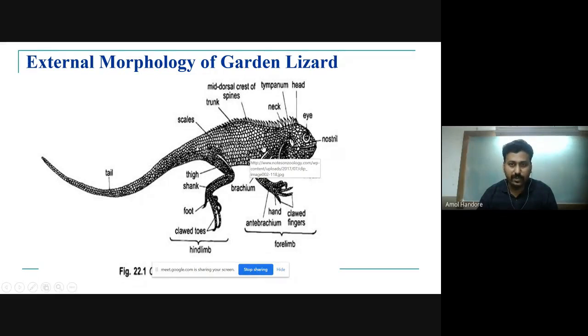So these overlapping type of scales are present. They have 2 pairs of limbs. This is the forelimb and this is the hind limb. Further, we are going to study them in detail. So from this picture, at least you should understand the basic parts, that is head, short neck, then a trunk, and then a long tail, and 2 pairs of limbs, that is forelimb and hind limb.